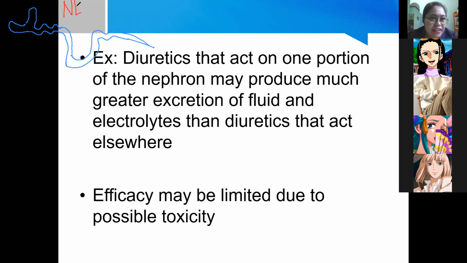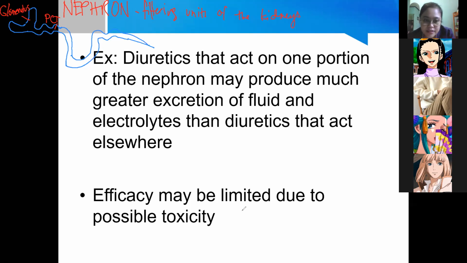This is the nephron. Nephron, i-define na to unsa ng nephron. Filtering units of the kidneys. So, mao ni siya ang part sa ato ang kidneys na naga-filter. Okay? So, this part is called the glomerulus. This part is called the proximal convoluted tubule. Proximal convoluted tubule.